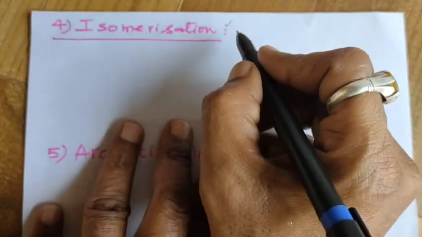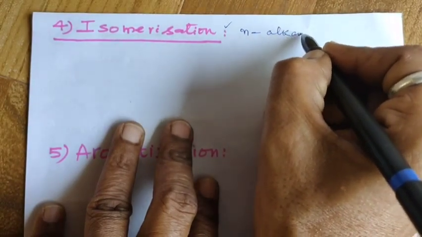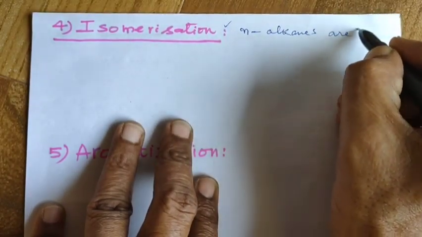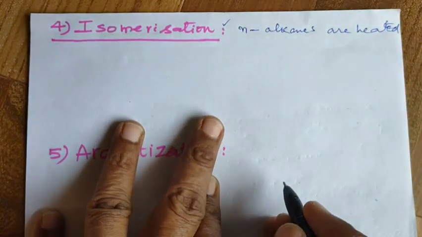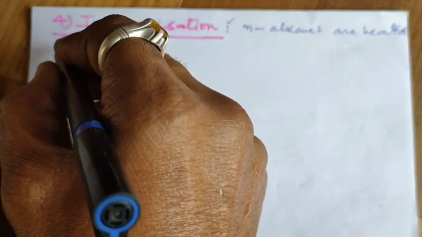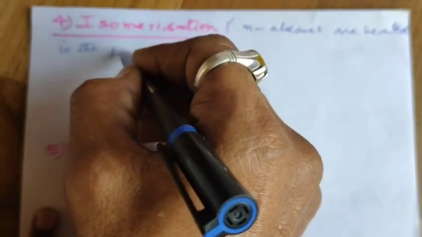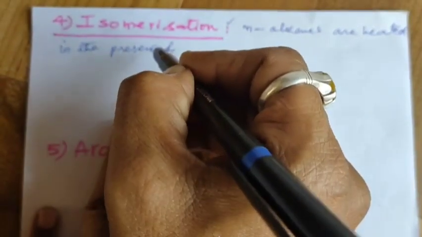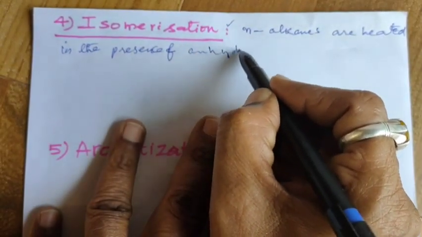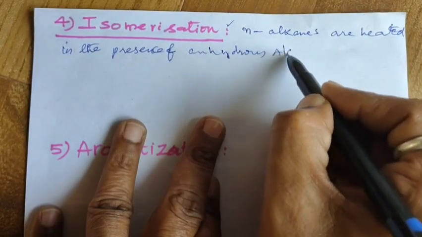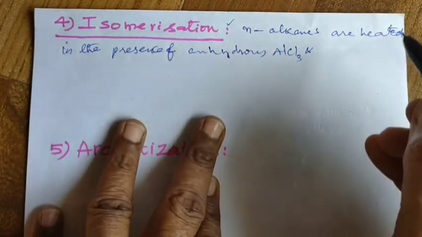And here isomerism, and n-alkanes means unbranched chain. n-alkanes are heated, yes, in the presence of anhydrous, without water molecules, aluminium chloride, and hydrogen chloride gas.